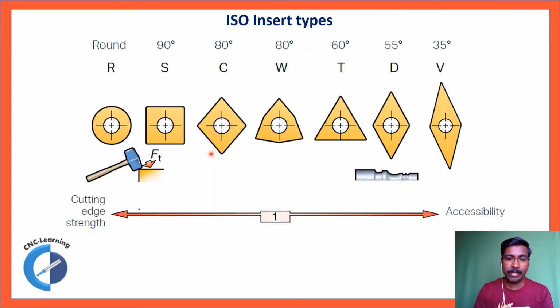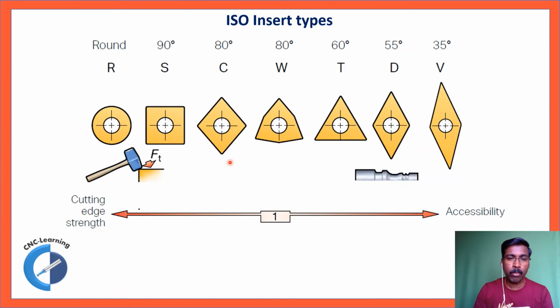So always the choice has to be from this side. Round will have the highest strength, but it has limitations. If you want to make a 90 degree shoulder, you cannot use this. Similarly, S also will have some limitations.